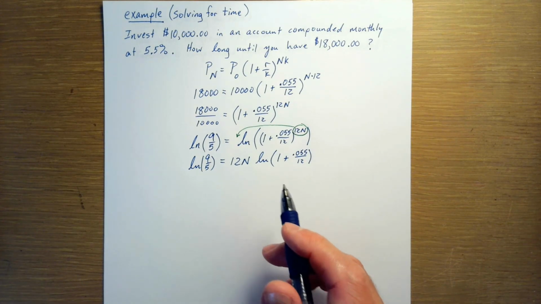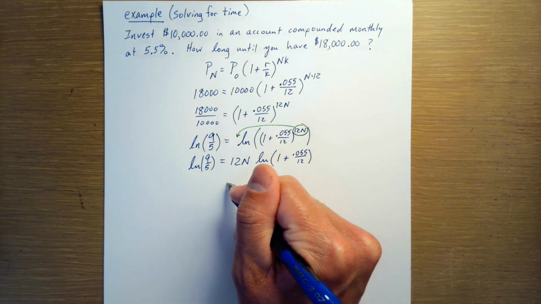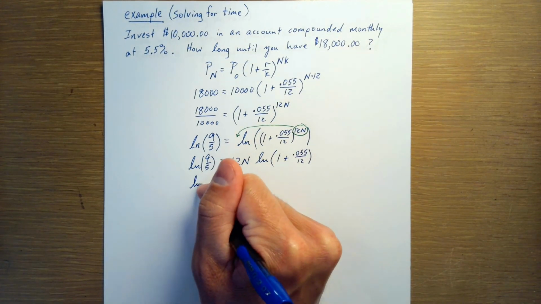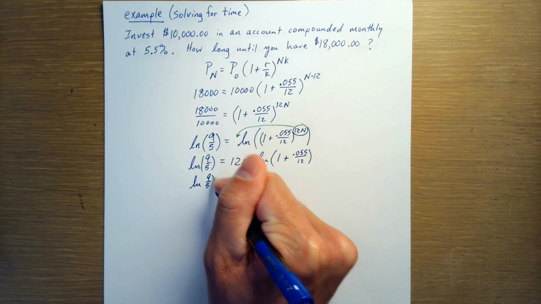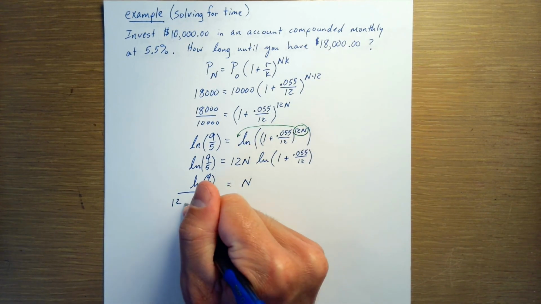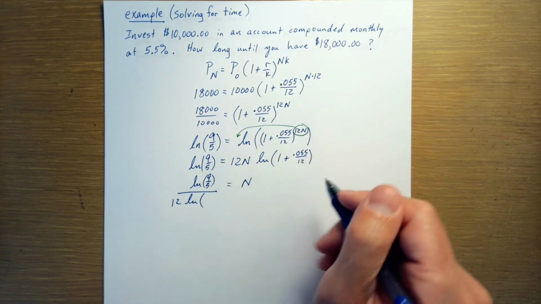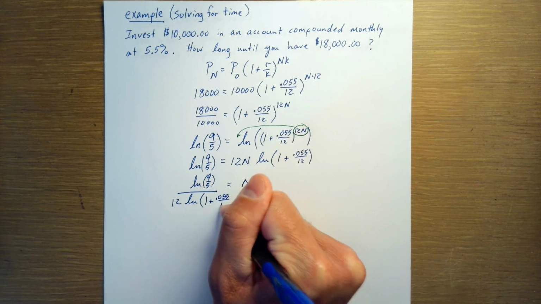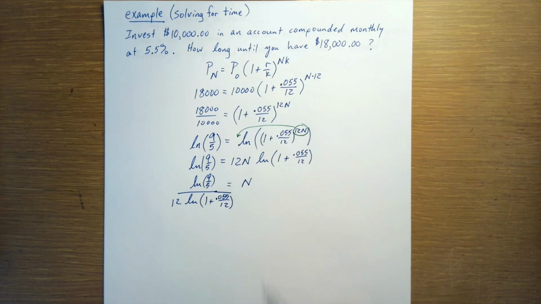So if you divide everything over to the left besides n, you get natural log of 9/5 divided by the 12 comes over, and the natural log of 1 plus 0.055 over 12 comes over.